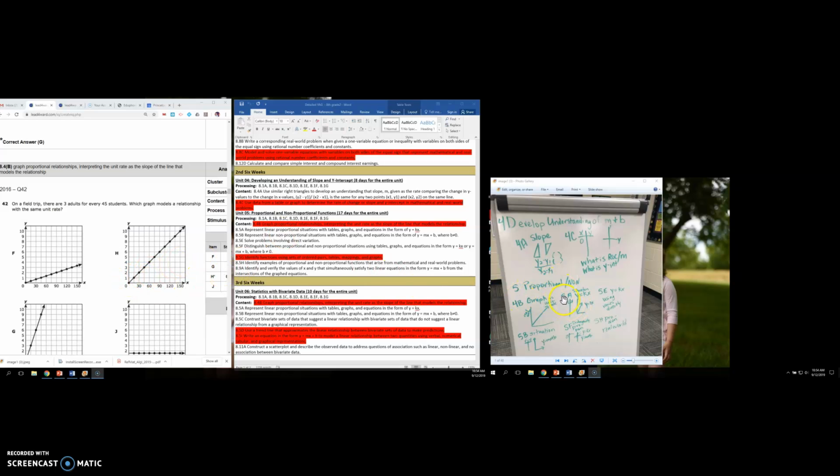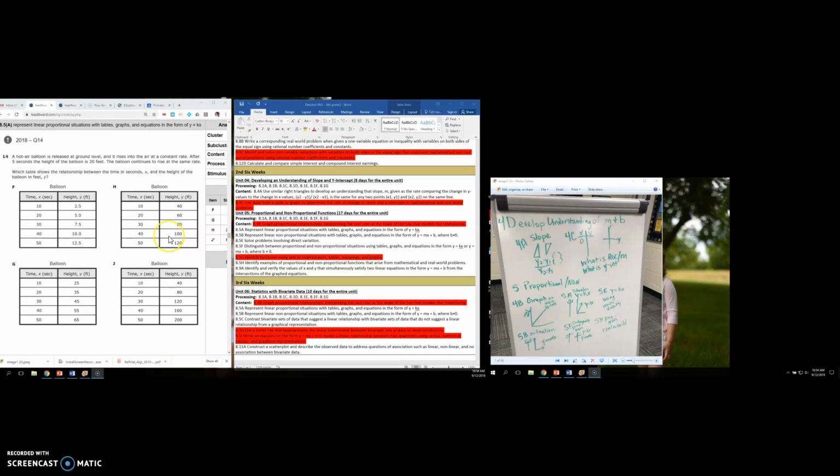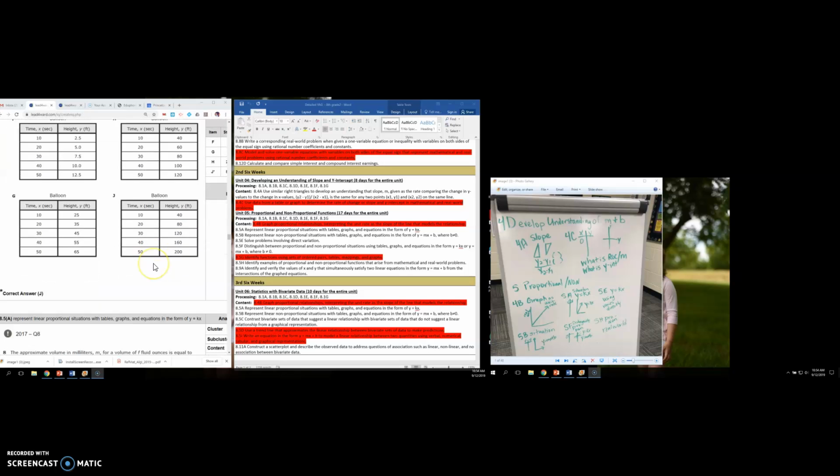So then we're going to jump into 5a. 5a is represent linear or proportional situations with tables, graphs, and equations. So let's jump down here to 5a. 5a is going to give you a proportional situation and ask you for it in a table, a graph, or equation.